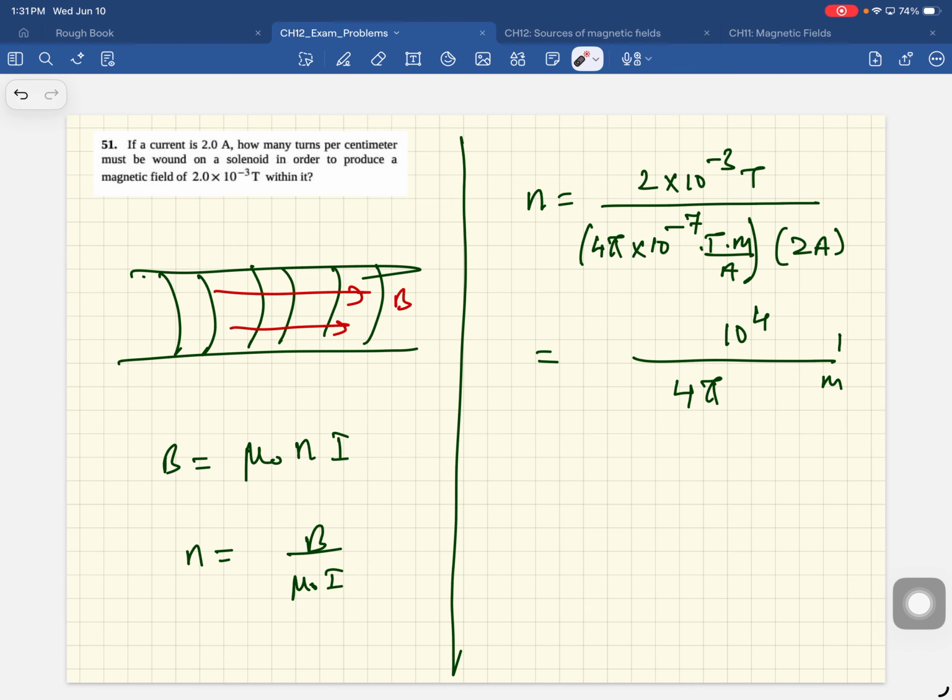Ampere's law says the line integral of B dot ds is equal to mu naught times the current going through that loop. If you're taking the line integral along in this sense, this current is positive. So we'll take the line integral along this. And what is this line integral?